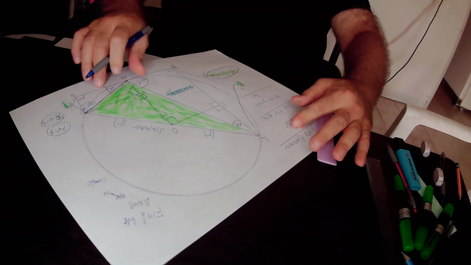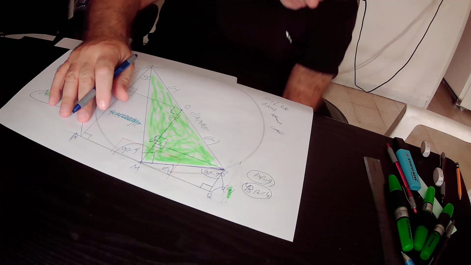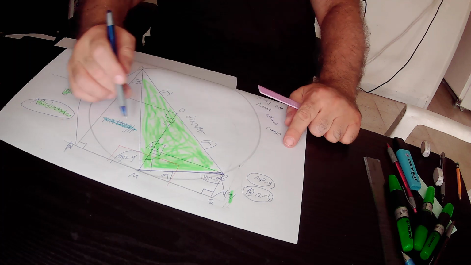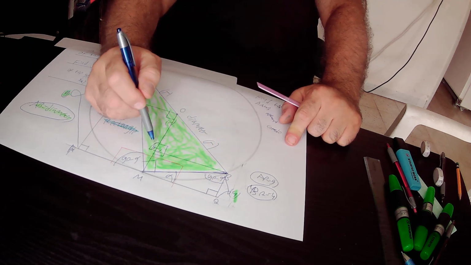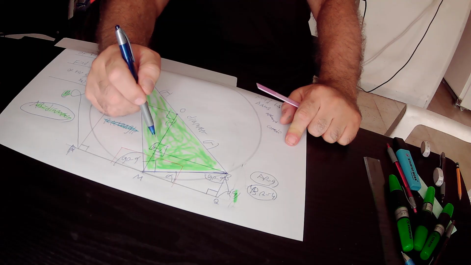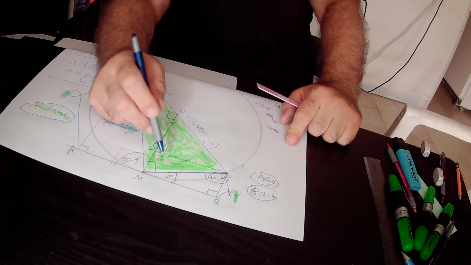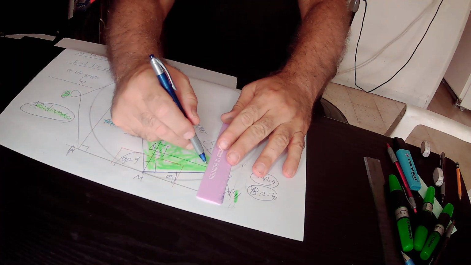By doing this construction, we created the small quadrilateral SBQM. Inside the small quadrilateral SBQM, we have 1, 2, 3 right angles, and therefore this fourth missing angle must be equal to 90 degrees in its size.